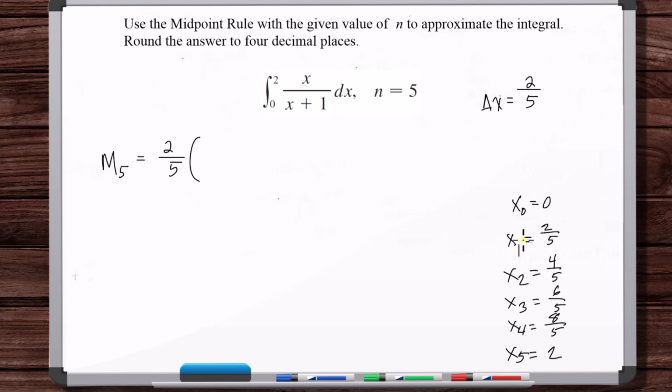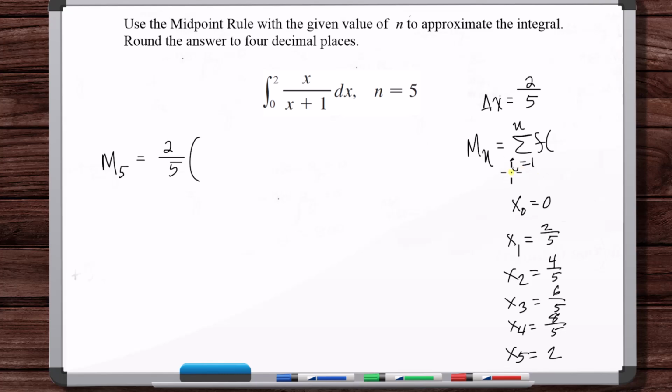But we're using the midpoints, so we're still doing the sum. The Riemann sum for M_n is the sum from i equals 1 to n of f of x times delta x.